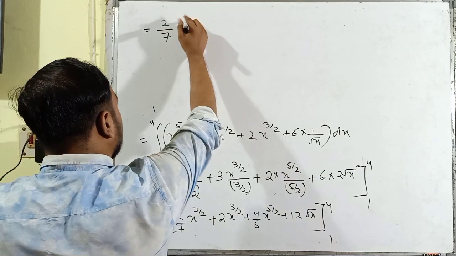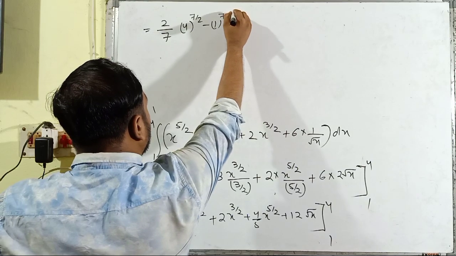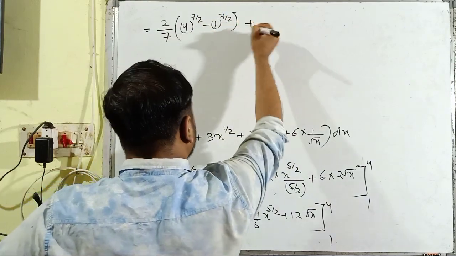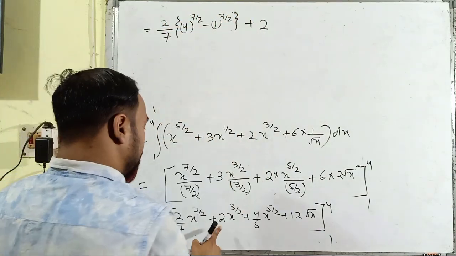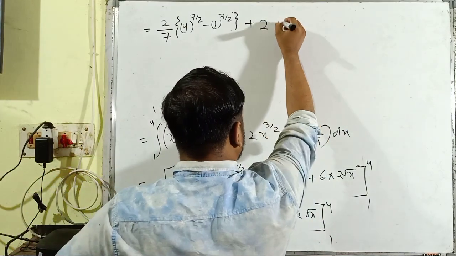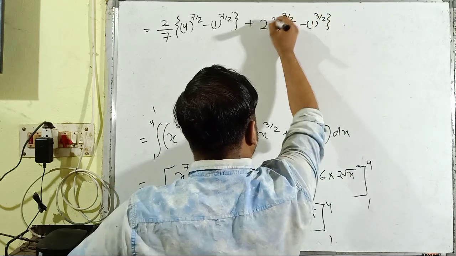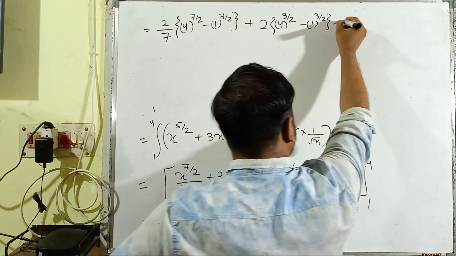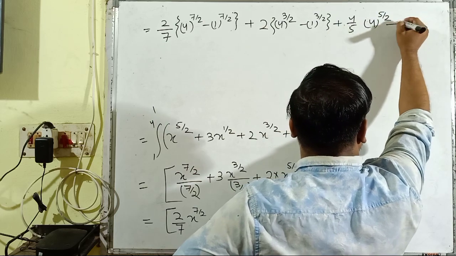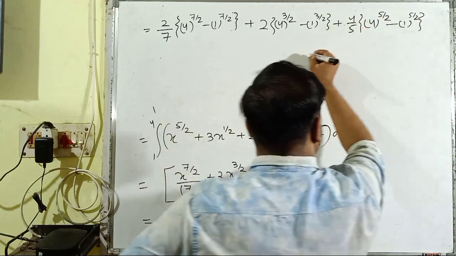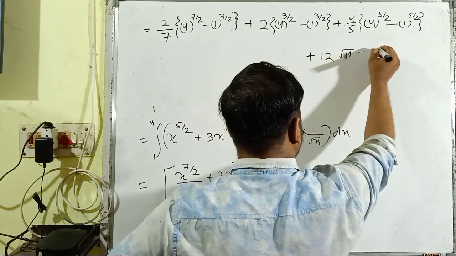So it is 4 to the power 7 by 2 minus 1 to the power 7 by 2, plus 2 multiplied with, you can give curly brackets here, 4 to the power 3 by 2 minus 1 to the power 3 by 2, then 4 by 5 times 4 to the power 5 by 2 minus 1 to the power 5 by 2, plus 12 square root of 4 minus square root of 1.